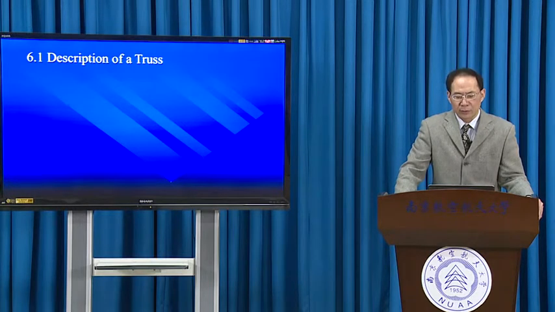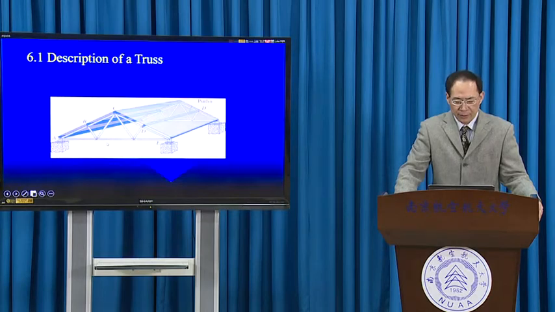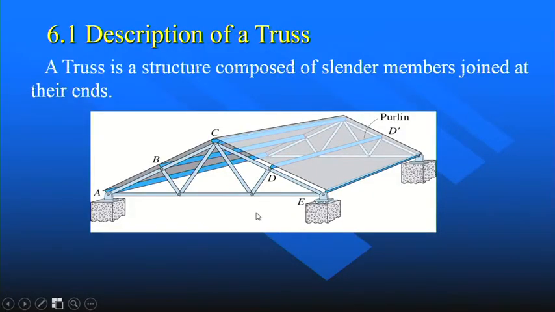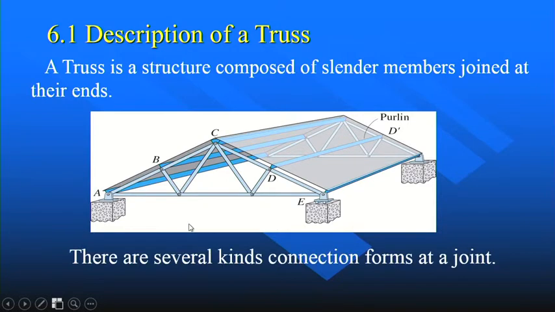6.1, description of a truss. Here is a roof truss. A truss is a structure composed of slender members joined at their ends. There are several kinds of connection forms at a joint.